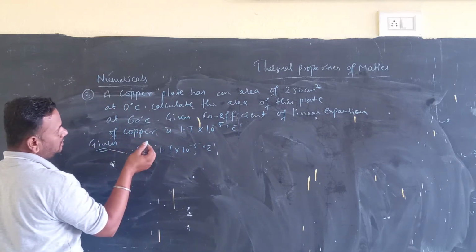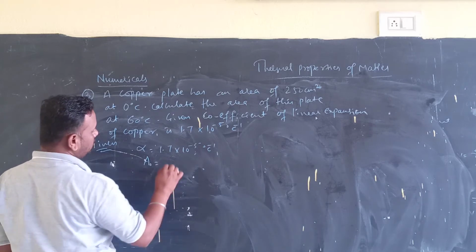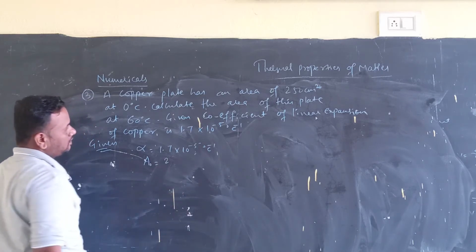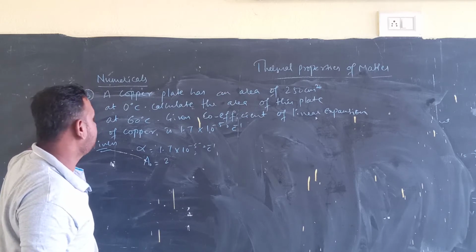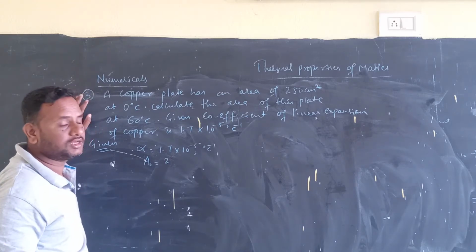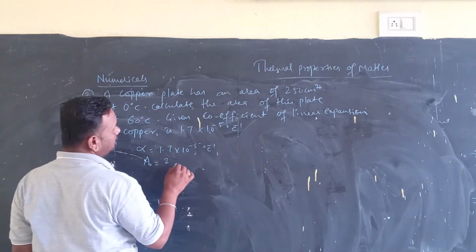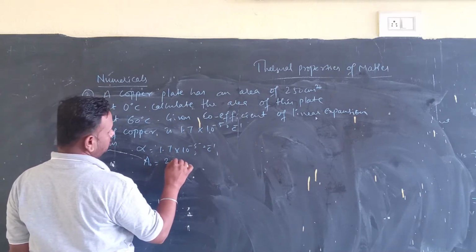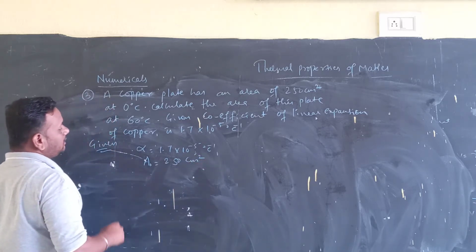Area, that is A naught, the initial area, is given. We have to calculate the area of this plate, that is the total area. So A naught is equal to 250 centimeter square at 0 degrees Celsius.